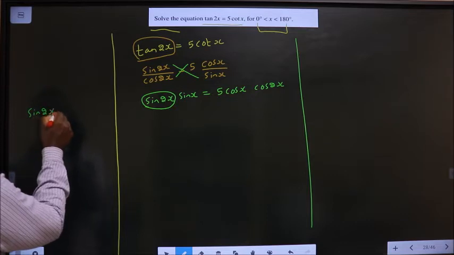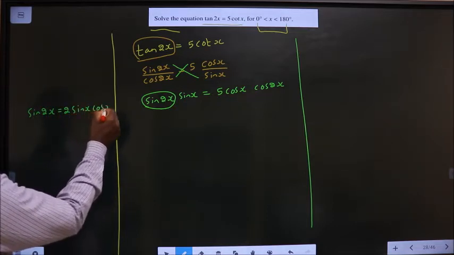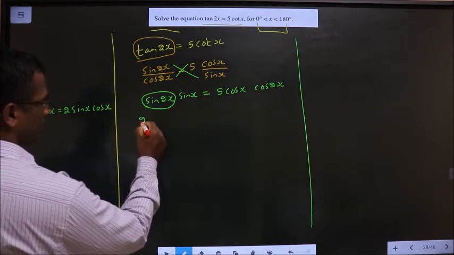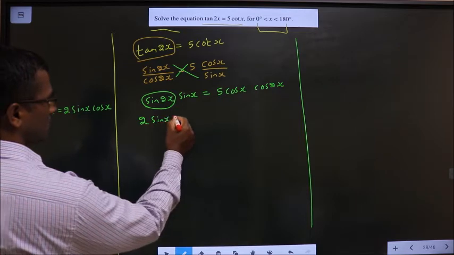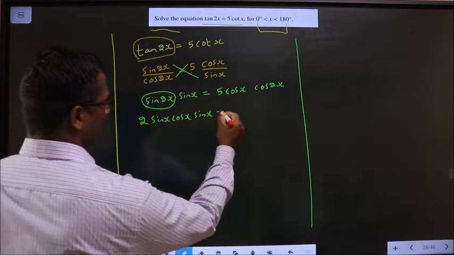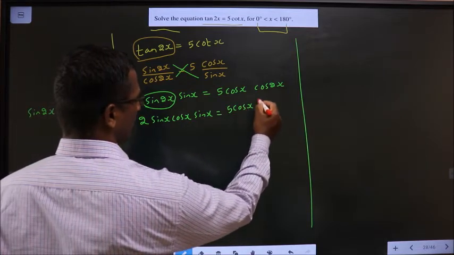Sin 2x formula is 2 sin x cos x. So replace that here. So it will be 2 sin x cos x sin x equal to 5 cos x cos 2x.